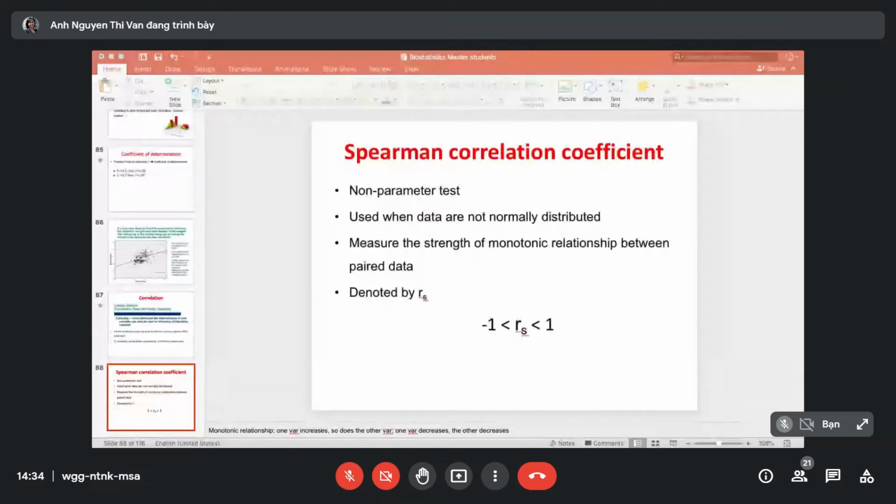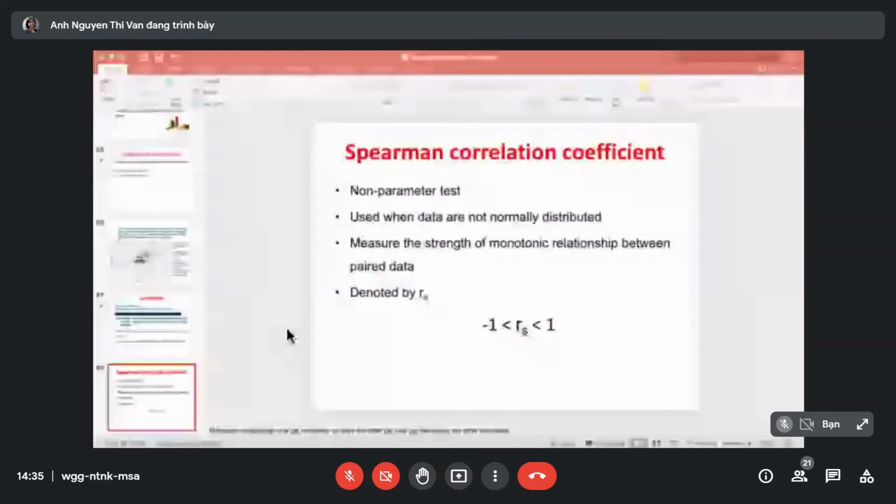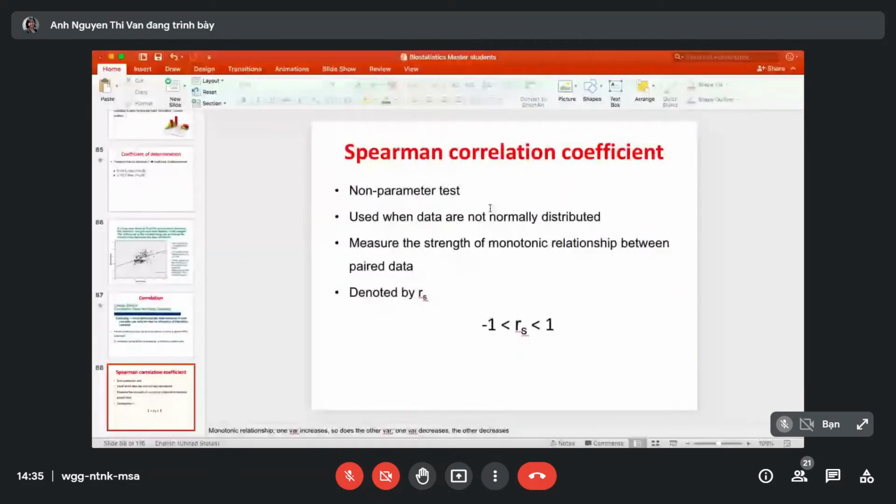Okay, we will see more detail about Spearman, and then we can compare. Spearman is a non-parametric test used when the data are not normally distributed, and here I write that it measures the strength of monotonic relationship between paired data.